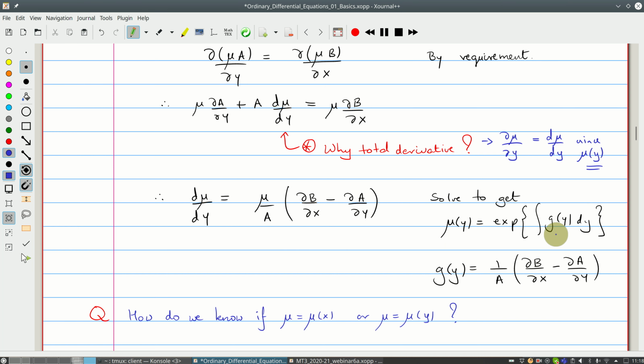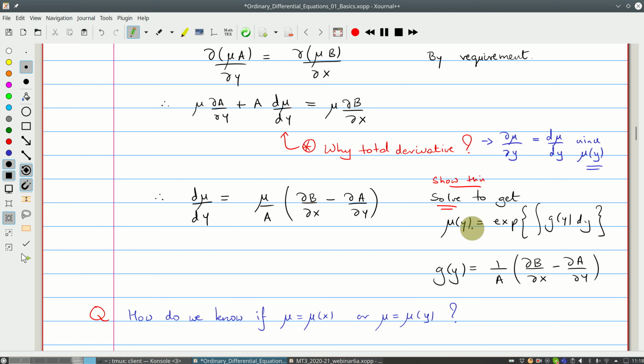So if we define g of y as 1 over a times this difference in the partials, then you can solve this, and I'd like you to show this. You can solve this to show that mu itself is given by the exponential of the integral of g of y dy.